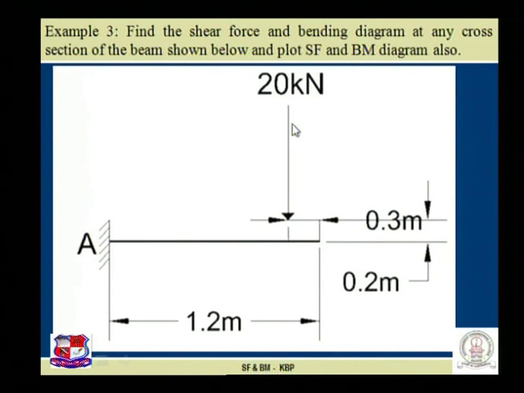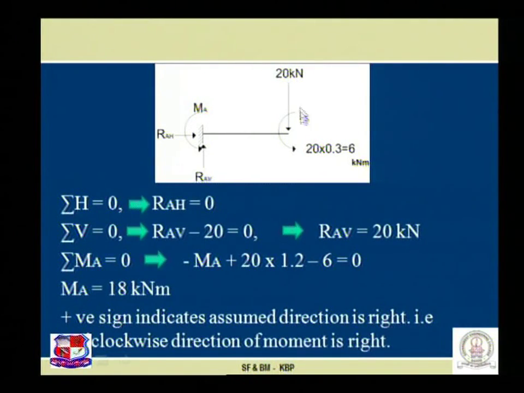So this point load is shifted to B, with the point load as well as the moment at B. See this figure: the point load is 20 and the moment is 6, applied over here at B.